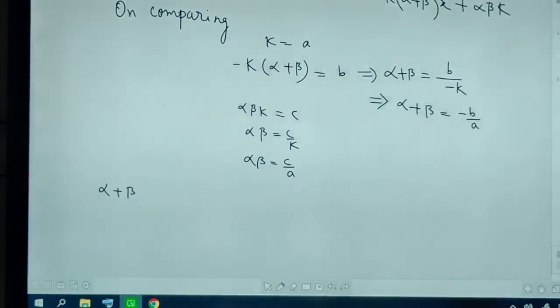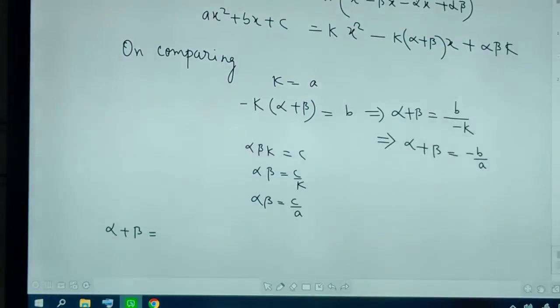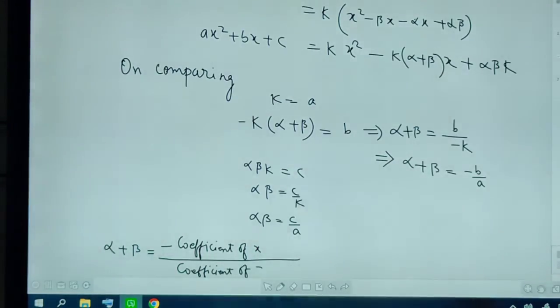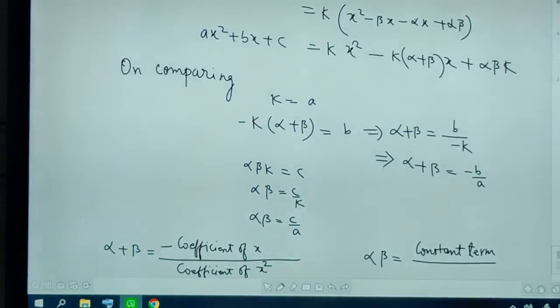Likewise, alpha beta k equal to c, so alpha beta equal to c by k, that is alpha beta equal to c upon a, since k is equal to a. Now alpha plus beta is equal to minus b by a, that is, minus coefficient of x upon coefficient of x square, and alpha beta is equal to constant term upon coefficient of x square.